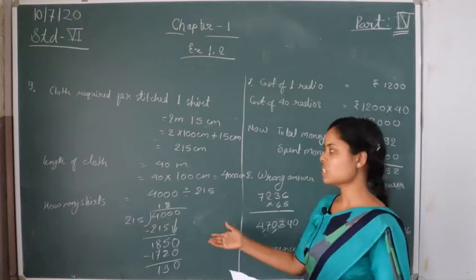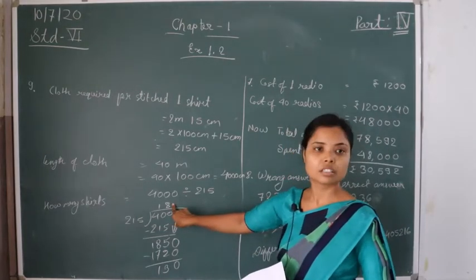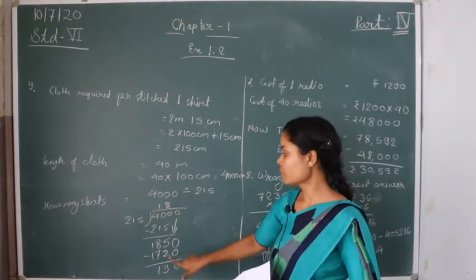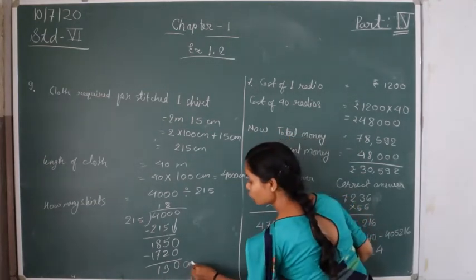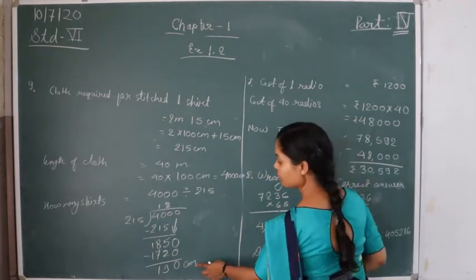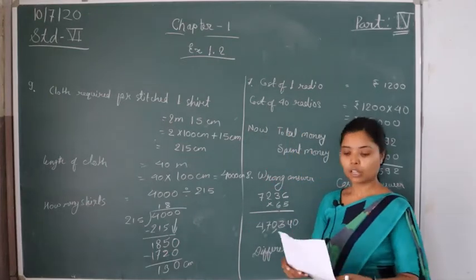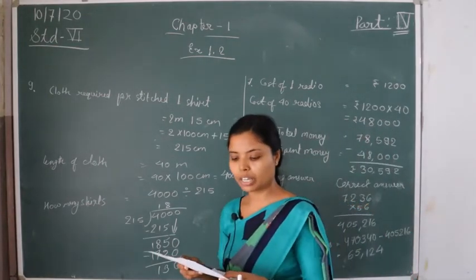So we can simply say 18 shirts are made, and 130 centimeter cloth remains. I hope you understand. Then we move to the next.